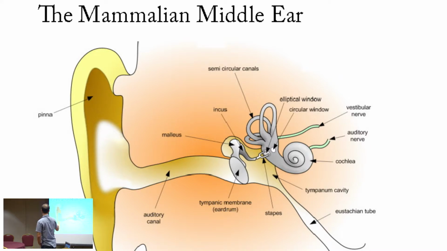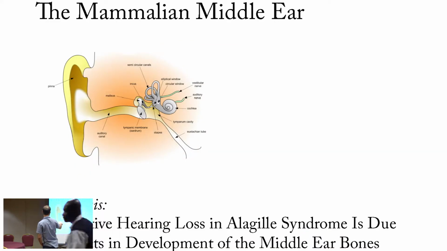And then what the ear bones do, particularly through the stapes, is vibrate this cochlea here. And it's within the cochlea that you have the specialized neurons called hair cells that detect the vibrations and then transmit this to your brain. And that's how you hear.